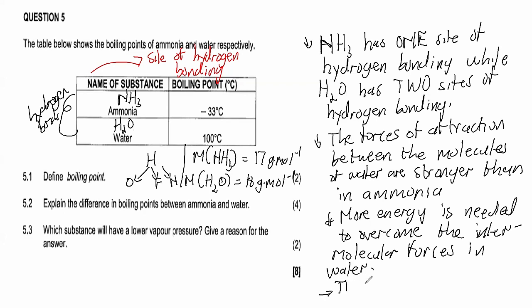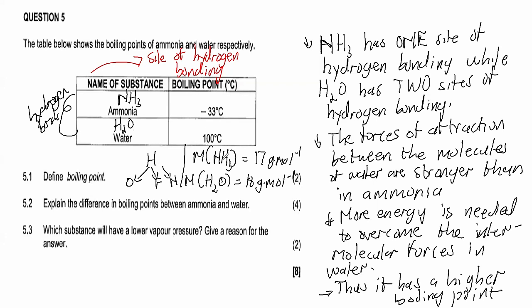Thus, it has a higher boiling point. So that's how you put it there. NH3 has one site of hydrogen bonding, while H2O has two sites of hydrogen bonding. The forces of attraction between the molecules of water are stronger than the forces of attraction in ammonia. More energy is needed to overcome the intermolecular forces in water. Thus, it has a higher boiling point.